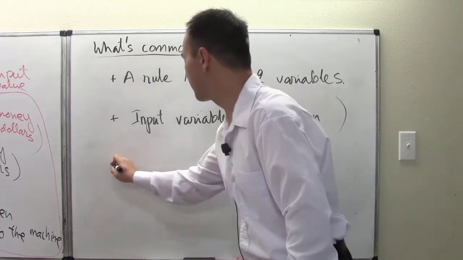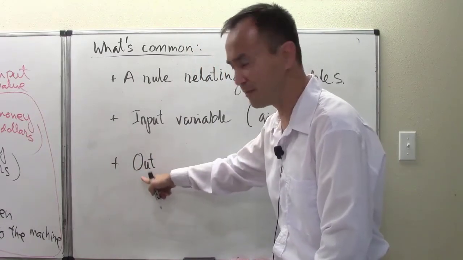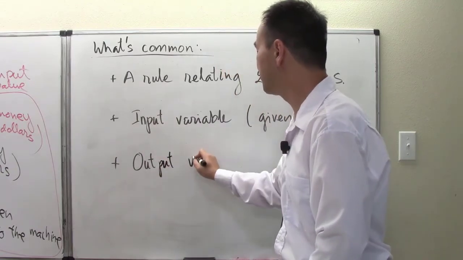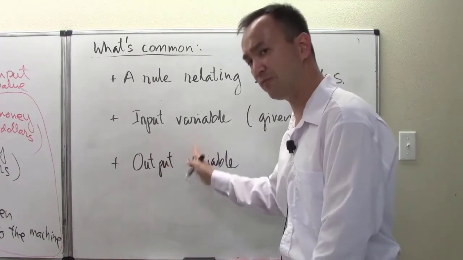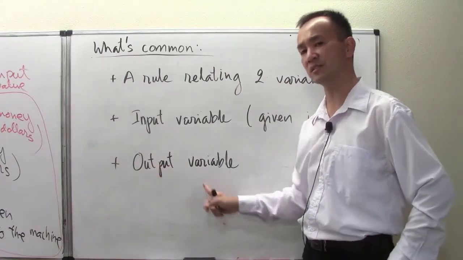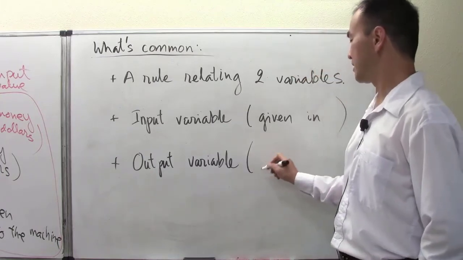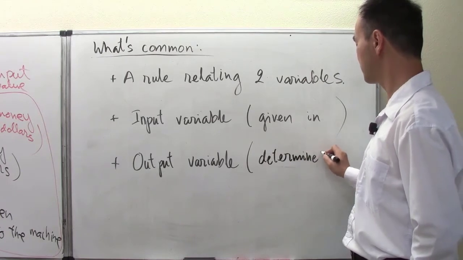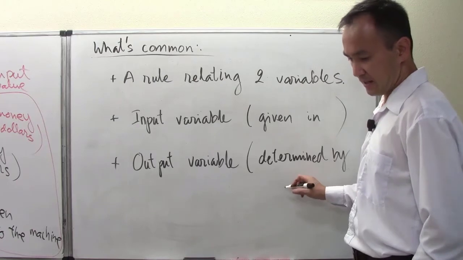The rule will help determine, based on the given input, the output value. We can come up with different values depending on what inputs we're giving, which is why generally the output is a variable. So I tend to call it an output variable. It's determined by the rule.